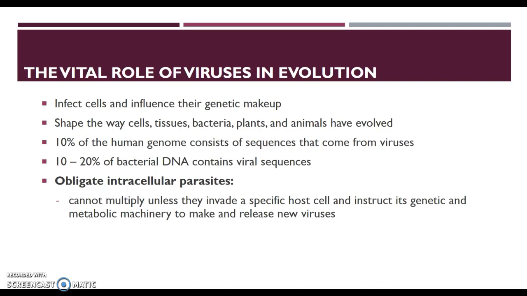They shape the way that cells, tissues, bacteria, plants, and animals have all evolved on Earth. Scientists have determined that approximately 10% of the human genome consists of sequences of DNA that come from viruses. 10 to 20% of bacterial DNA also contains viral sequences. So they've played a big part in how organisms have evolved over time.